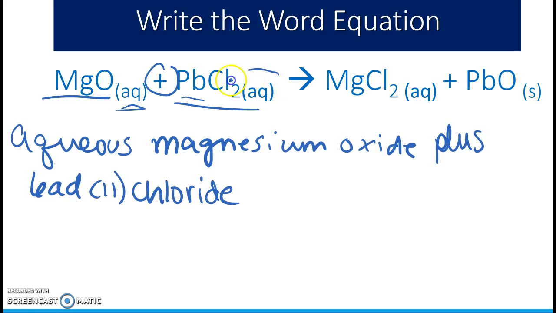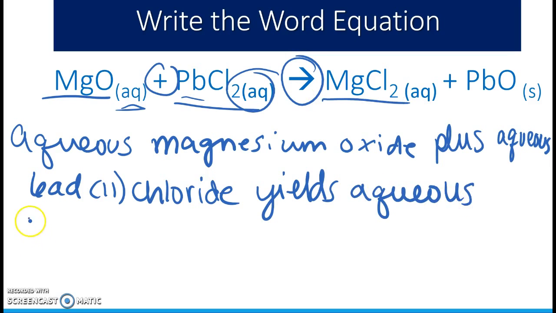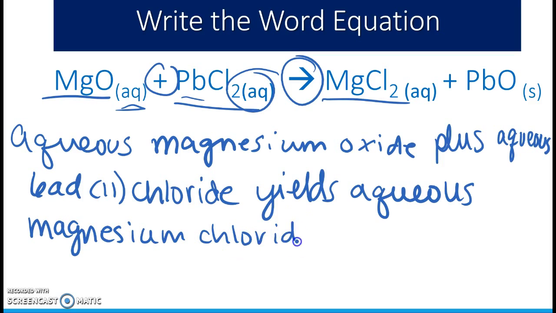And this lead 2 chloride is aqueous. And this yields or produces aqueous magnesium chloride and solid lead 2 oxide.